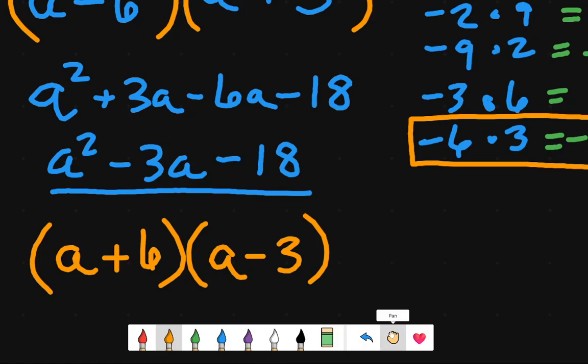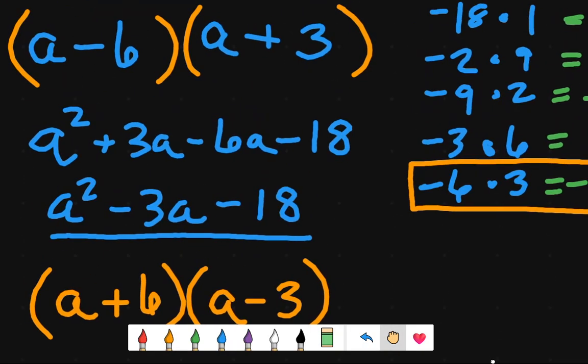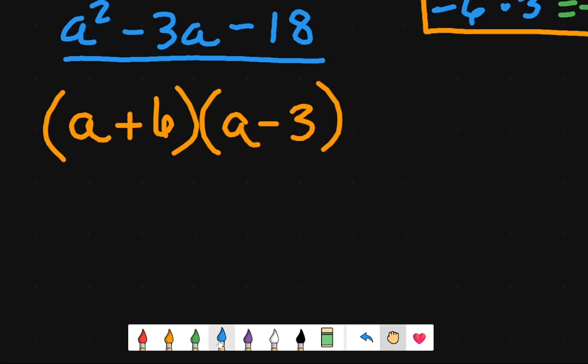All right, so now let's multiply using the FOIL method. We'll get a squared still, that won't change. And then we have the outer, which is a negative 3a. The inner is 6a, so we're going to put 6a here.